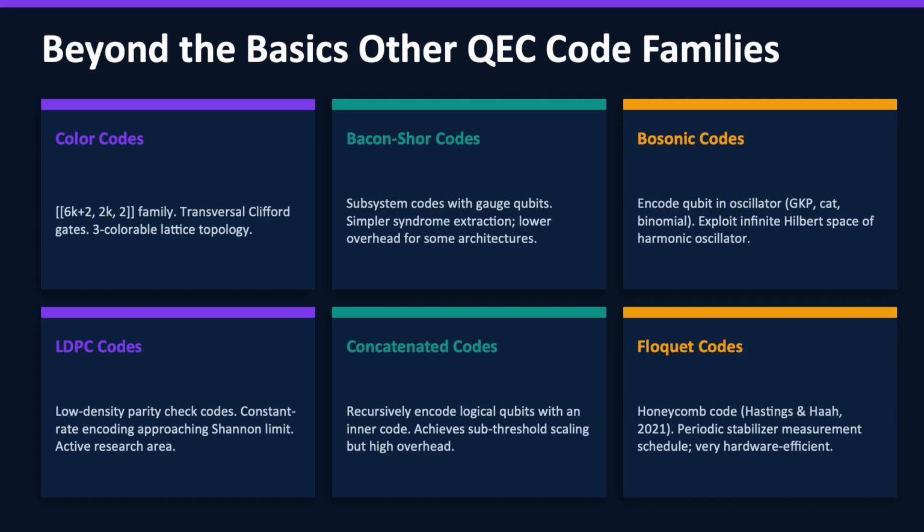More recently, a class of codes called low-density parity check codes has attracted enormous excitement because of their potential to dramatically reduce the qubit overhead compared to surface codes. These codes borrow ideas from classical communication theory and can in principle encode many logical qubits using only a constant multiple of physical qubits rather than the quadratic overhead that surface codes require.